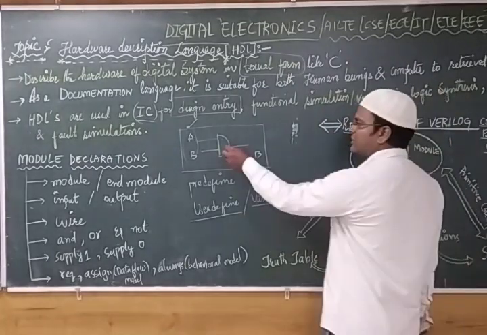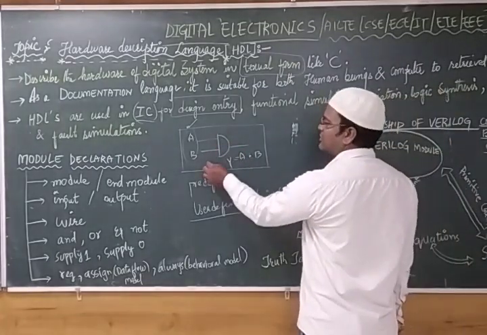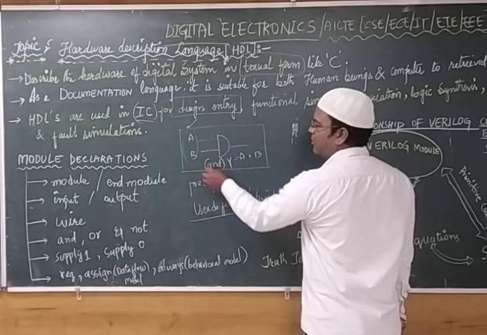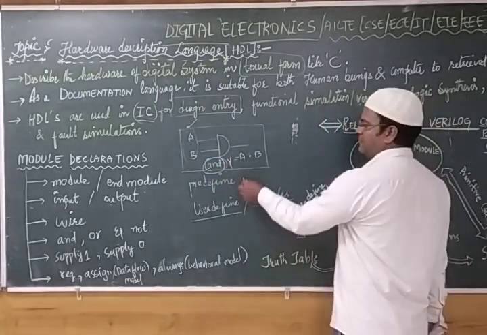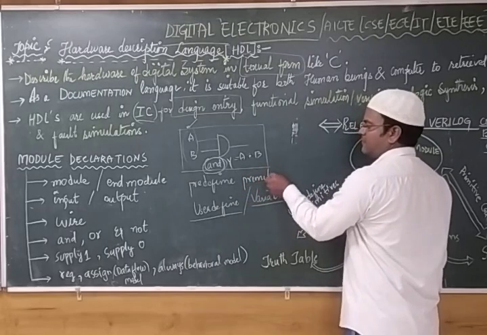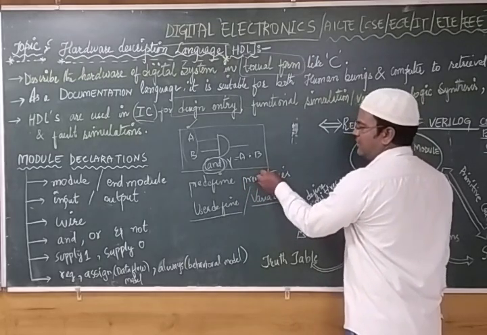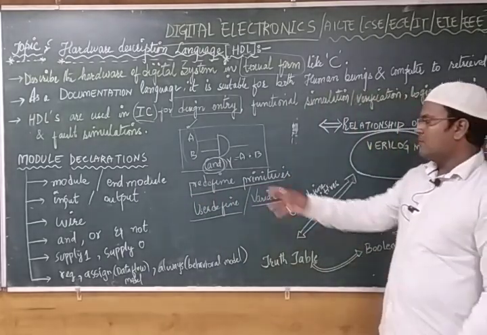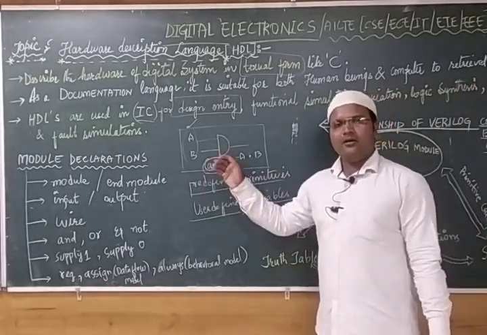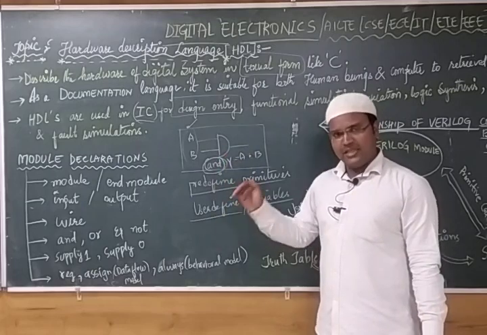When I mention AND instead of this gate, this is called a keyword or predefined primitive. AND, OR, NOR, NAND, all those things are already there.